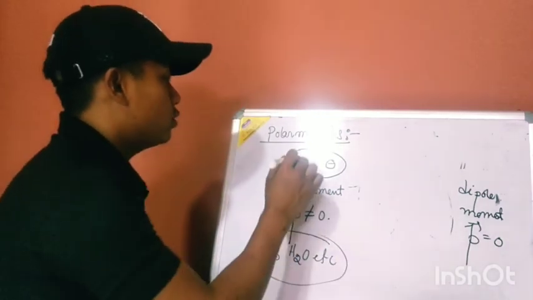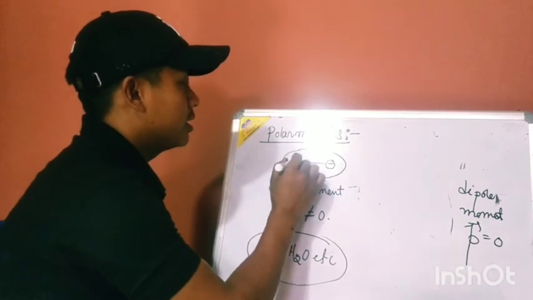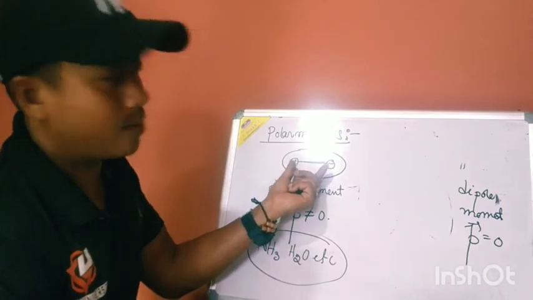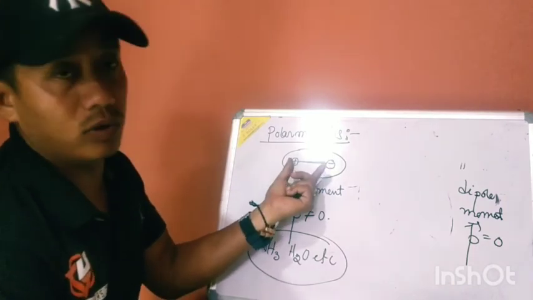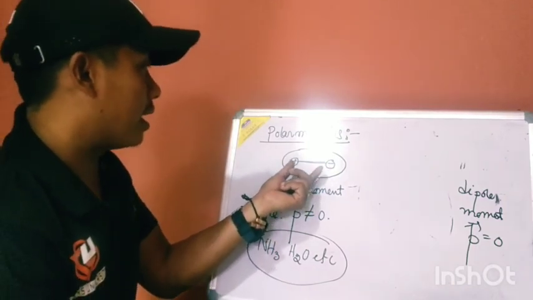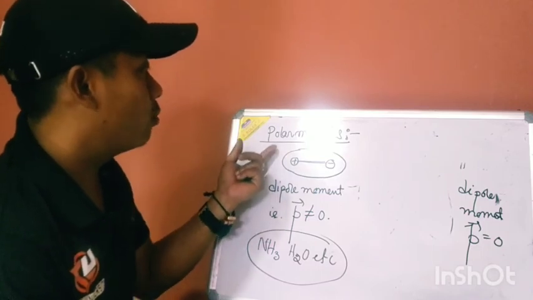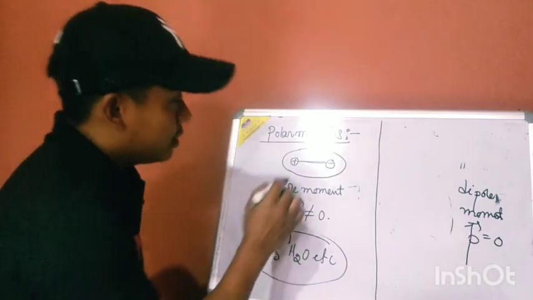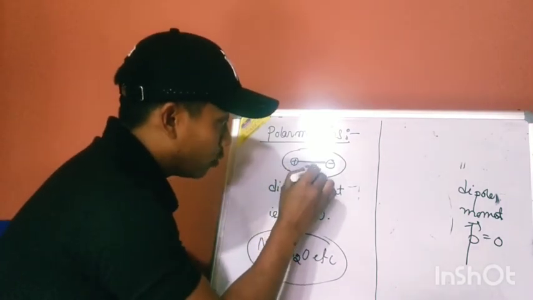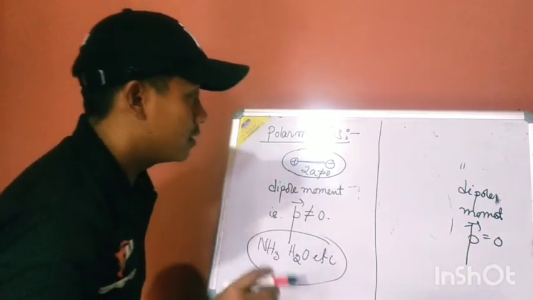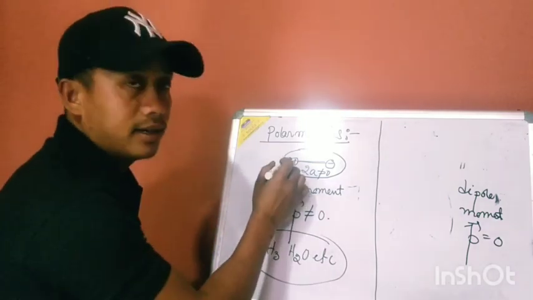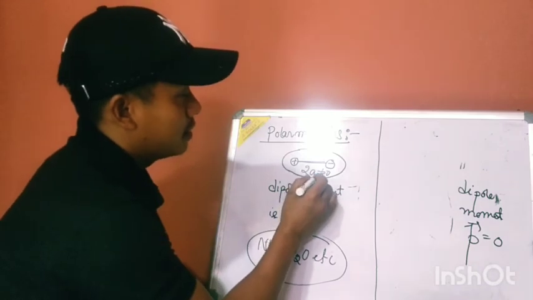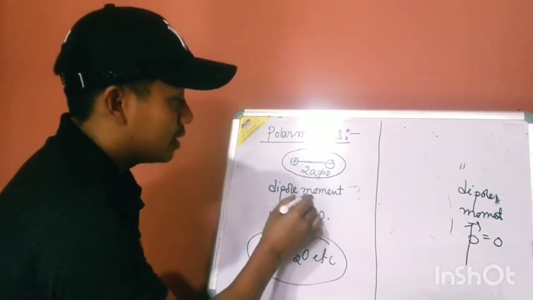There is a certain distance of separation between them, so it looks like an electric dipole. That's why such molecules are known as polar molecules. The dipole length 2a will not be 0, and obviously P will not be 0.